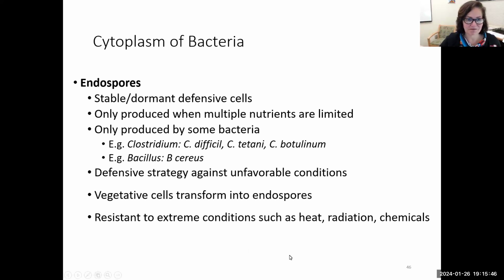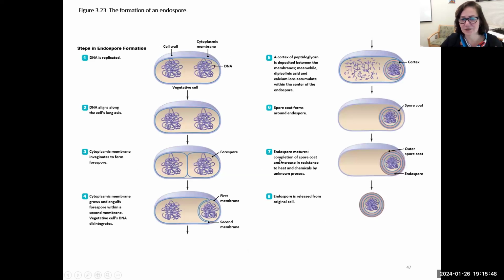They're a problem. Here's a cartoon detailing what happens. The cell starts experiencing difficult conditions, and then it starts to put its resources into surviving the next few months or years. It hunkers down and you just get this super thick outer layer.